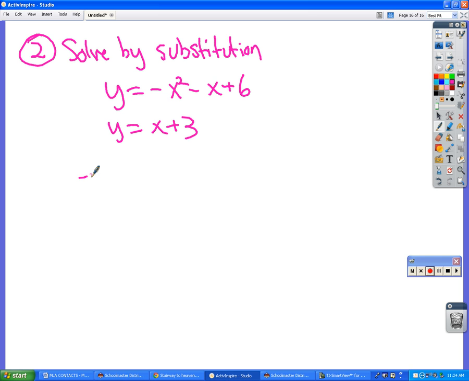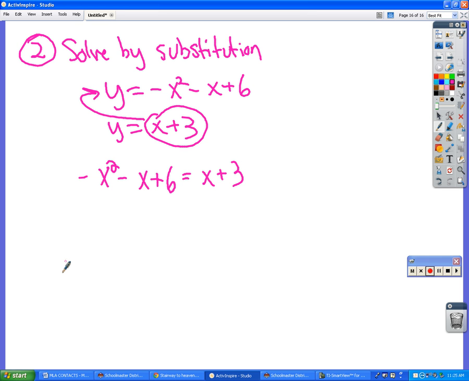So I can rewrite this as one single equation: negative x squared minus x plus 6 equals x plus 3. That's called substitution, because I'm substituting that value in there for y. So instead of writing y, I'm writing x plus 3.